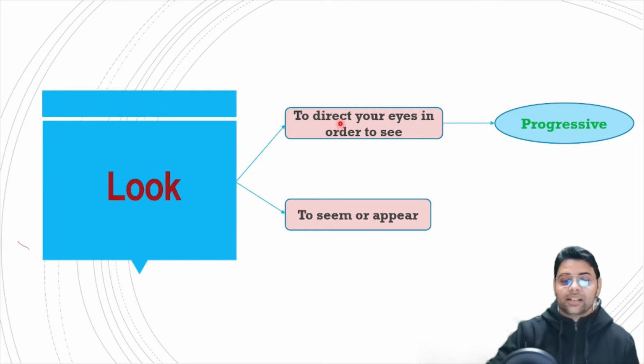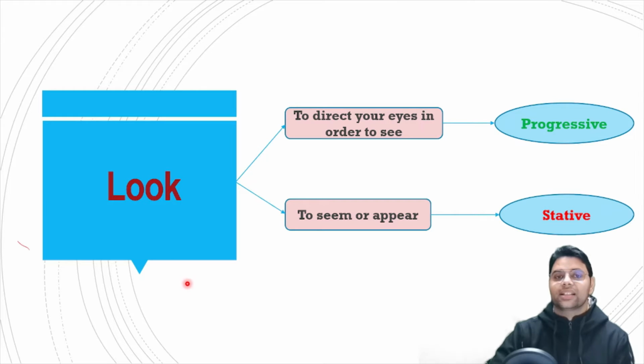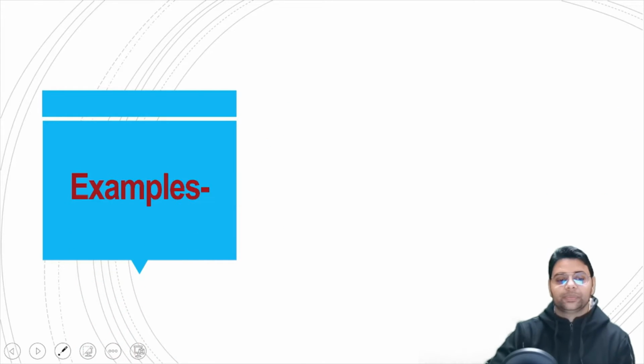It means in this sense it can be expressed in continuous tense. But when the meaning of look is to seem or appear, in that sense it is stative. It means in this sense it cannot be expressed in continuous tense. So let's have some examples.